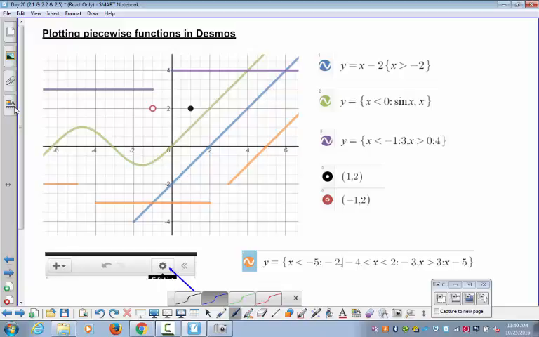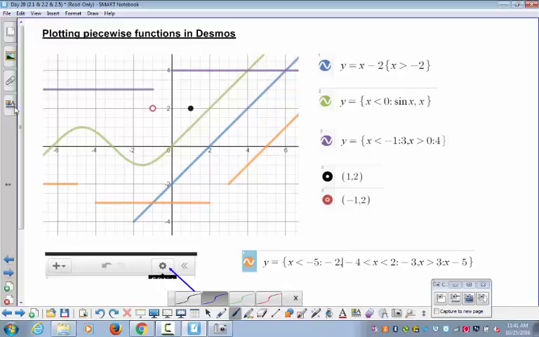So the green one, we have a trig function, a sine function here, and then we have y equals x. So this is another way to do a piecewise defined function. If you put it all in brackets, for x less than 0, you're going to graph y equals sine x. Otherwise, you're going to graph y equals x.